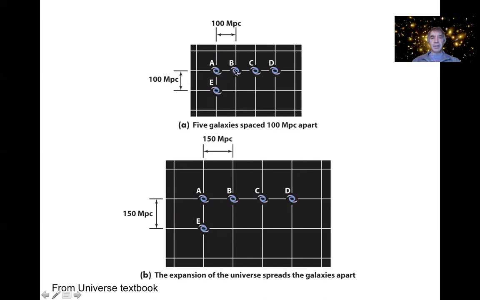If we consider galaxy B, it has moved from 100 megaparsecs away from us to 150 megaparsecs away in that time interval. But if you now look at galaxy C, it started off 200 megaparsecs away from us, but here it is now 300 megaparsecs away.